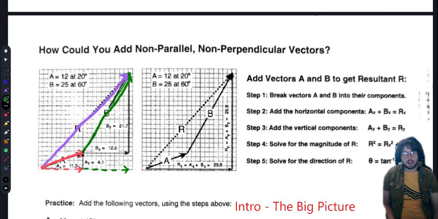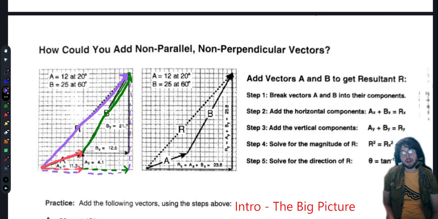Now, if we're just looking at horizontal, remember that if you have two vectors that are already going in the same direction, it's perfectly fine to just add them directly to each other, just 2 plus 2 equals 4. So if you notice, what's happened here is how these two vectors, A and B, added together horizontally gives you the horizontal component of our resultant, the purple vector.